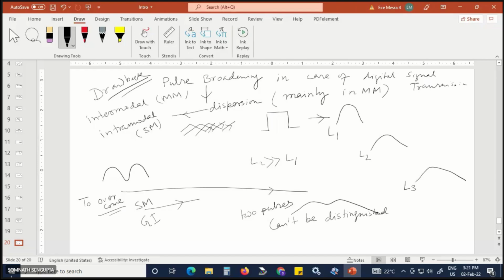That occurs in GI fiber. It can also be overcome by a special design of fiber called dispersion compensation fiber, DCF. The fiber structure will be such that dispersion will be automatically reduced.